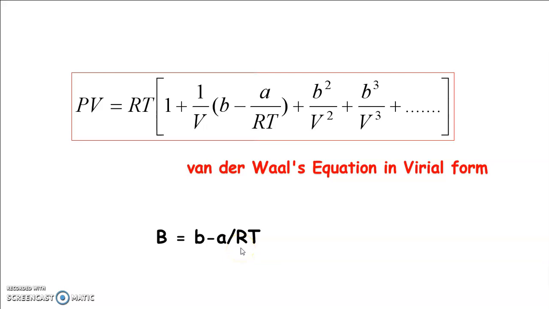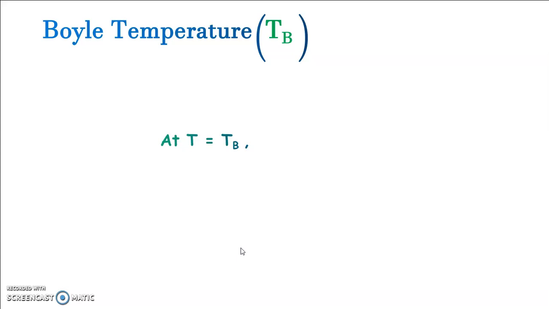Now you can say, at Boyle temperature, we know what's happening. The temperature at which the second Virial coefficient vanishes is called the Boyle temperature. That is, at Boyle temperature, B, the second Virial coefficient, automatically becomes 0.